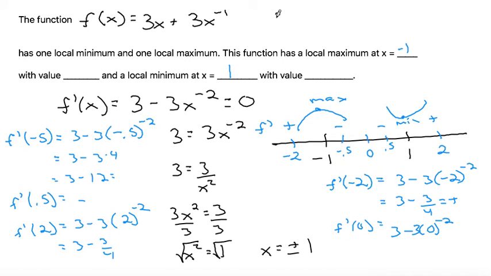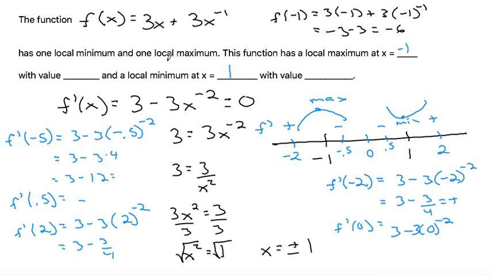So let's find what f of -1 is. f of -1 is 3 times -1, plus 3 times -1 to the power of -1, which is -3, so it would be -6.